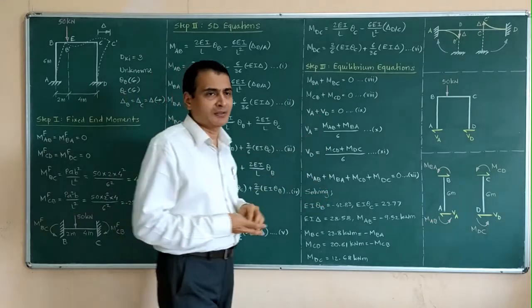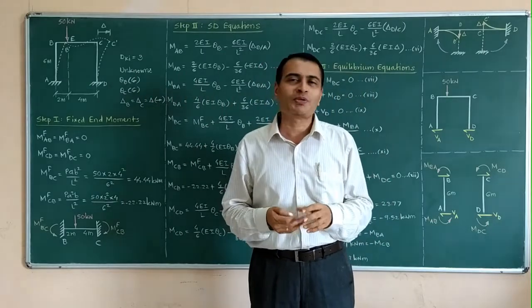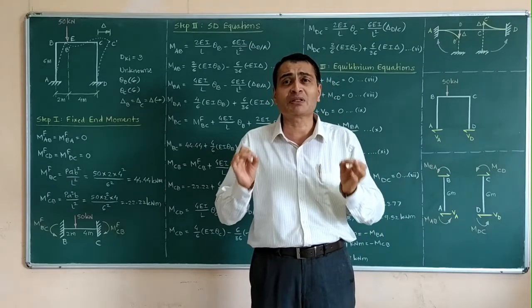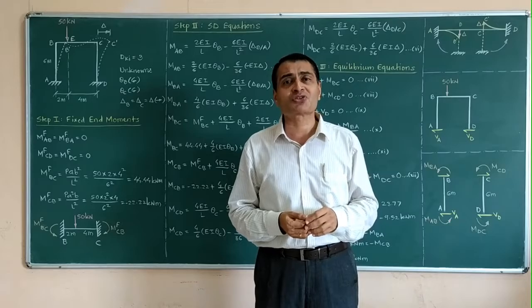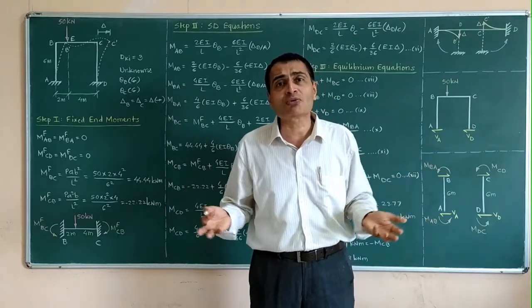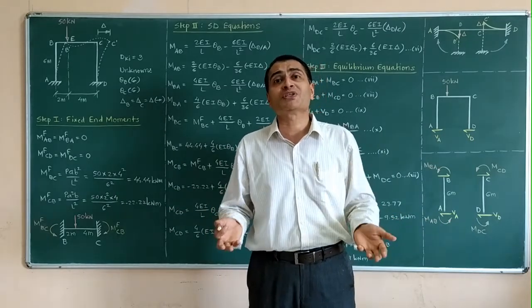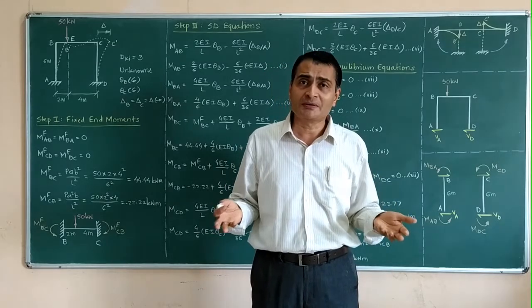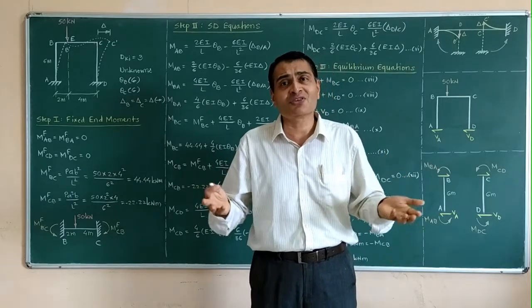So great, I thoroughly enjoyed discussing with you slope deflection method, one of the very elementary, one of the very basic methods of analysis of indeterminate structures, and the method could be extended for a large number of degree of kinematic indeterminacy, but we are not able to solve so many equations simultaneously. For that we have to go for computer coding, which is not possible in our theory exams.